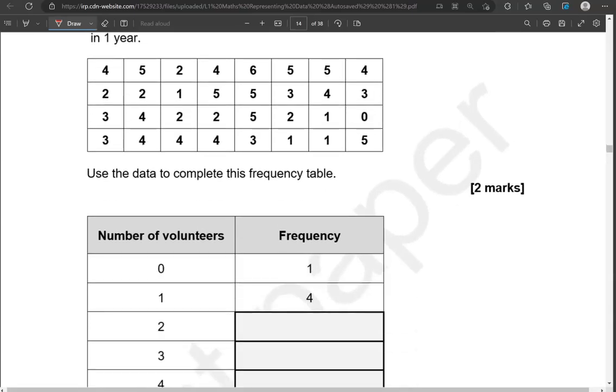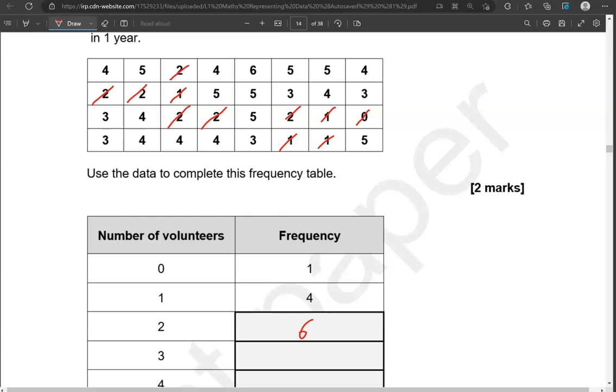So, number of volunteers 0, frequency 1. Number of volunteers 1, frequency is 4, because we've got 1, 2, 3, 4 of them. Number of volunteers is 2, so what's the frequency? We've got 1, 2, 3, 4, 5, 6, so that's 6 of them.